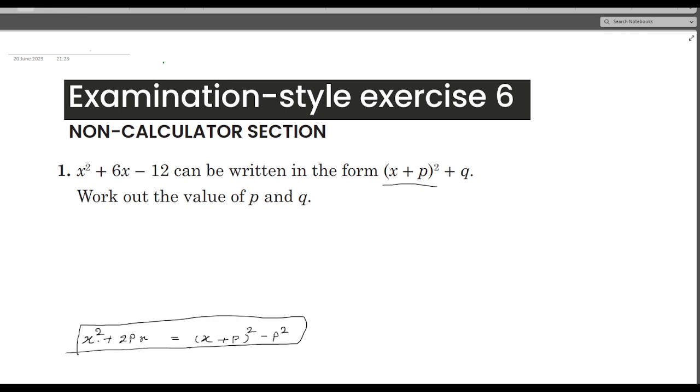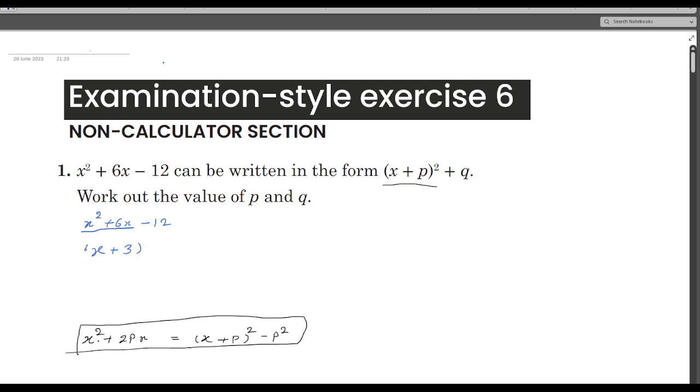Okay, so our problem is x square plus 6x minus 12. Now in this x square plus 6x, if I compare, in place of 2p I have 6. So if 2p is 6, p is going to be 3.